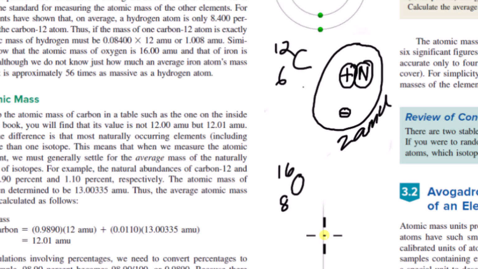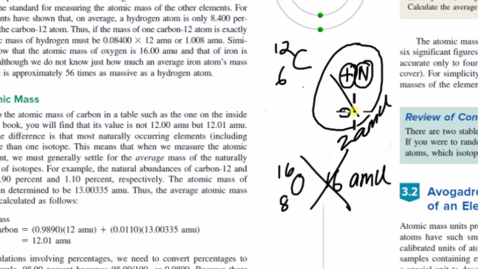So these weigh 2 AMU each, and that means oxygen-16 is going to be 16 AMU. Well, sometimes this kind of analysis works. I actually think the oxygen-16 isotope does weigh 16.00 AMU, but most of the time, this is not going to work. You can't analyze it this way.